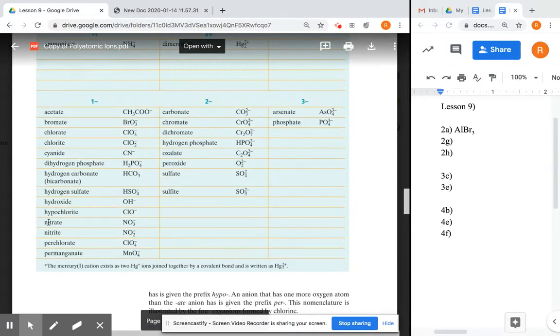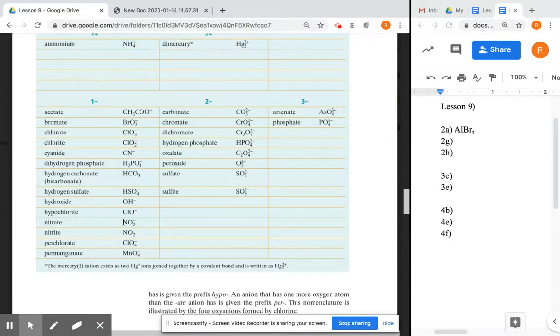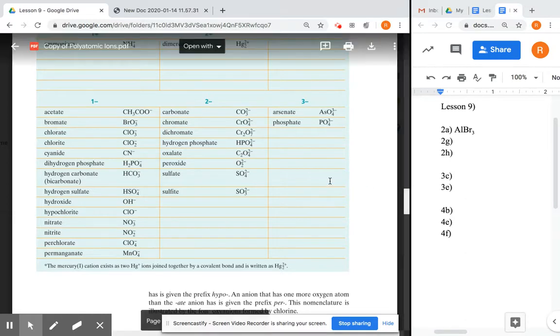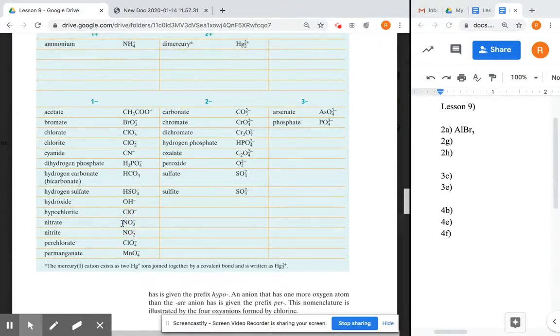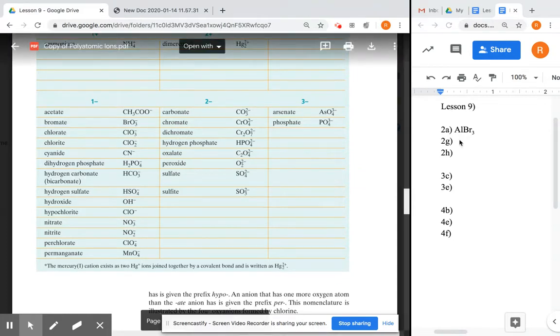NO3-, that's nitrate. So copper 2+ and nitrate, and notice here that it's just a -1 charge. The copper has a +2 charge and the nitrate has a -1 charge, so we're going to need 2 of these polyatomic ions to balance that out. Let me show you how to do that.